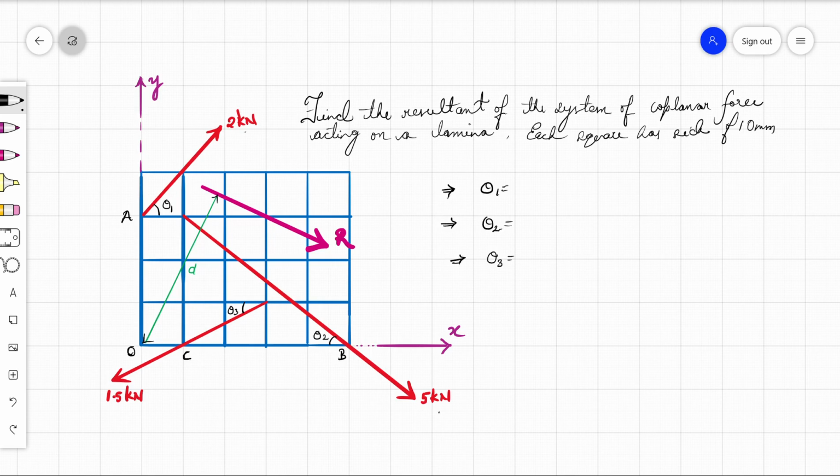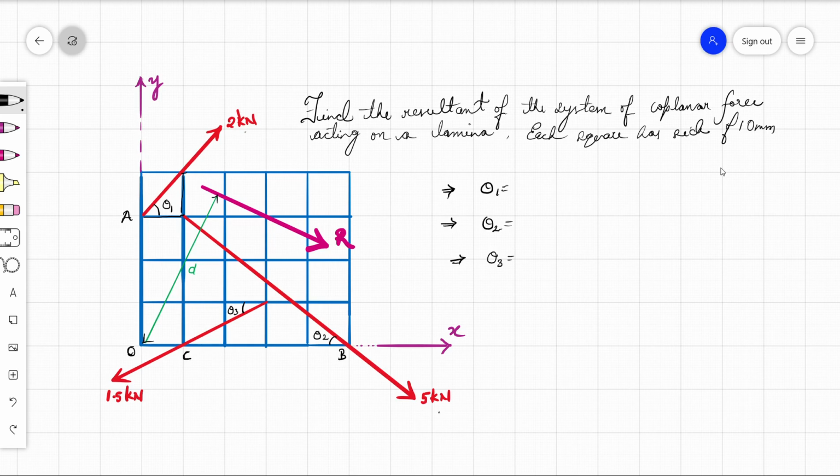So if you see this, you can see a block of 10 mm by 10 mm. Okay, so you have this distance, you know it, this distance is 10 mm, and this is 10 mm. So the opposite distance you know, the adjacent distance you know.